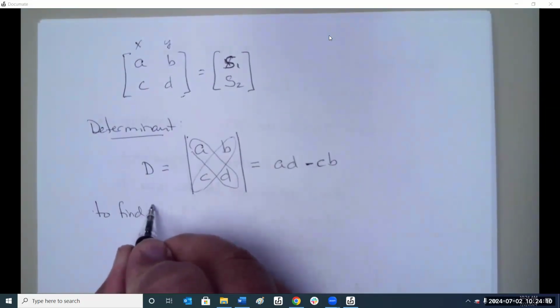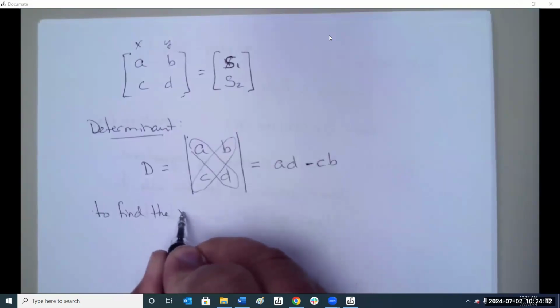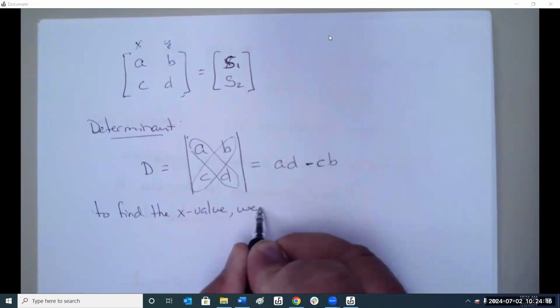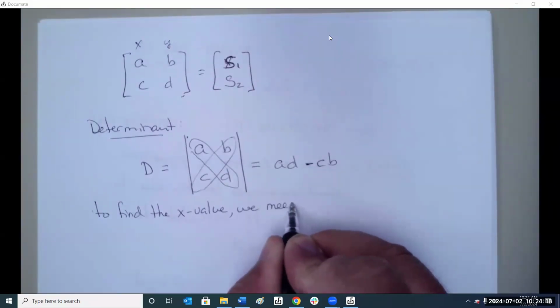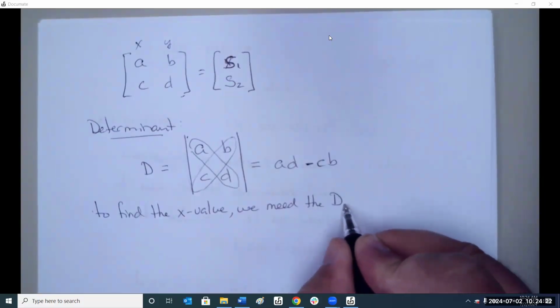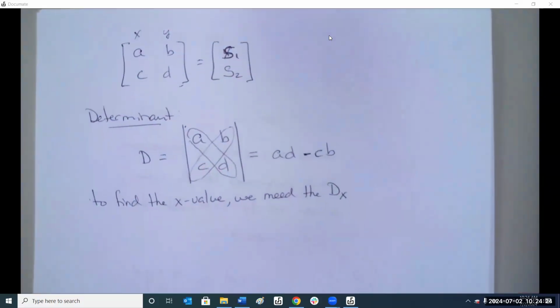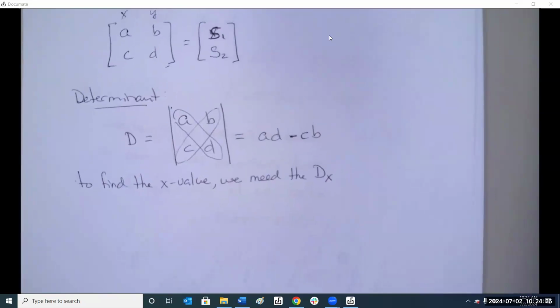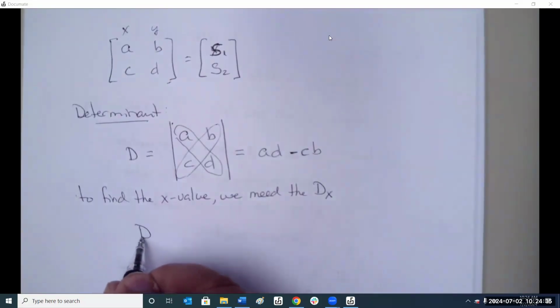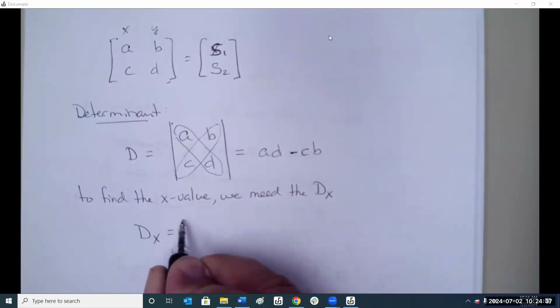To find the x value, we need the determinant of x.